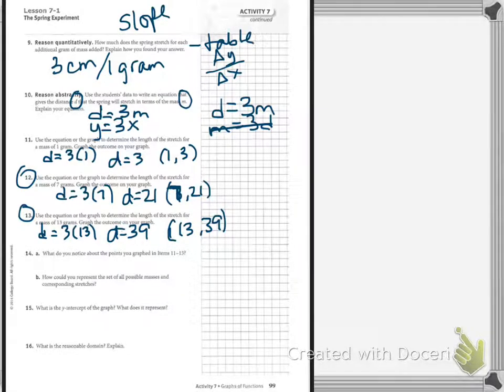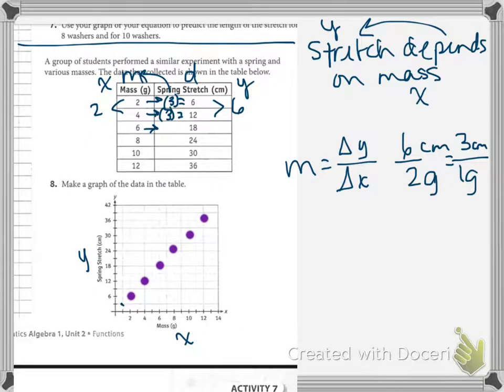Now, what is the y-intercept? 0, 0. Reasonable domain, okay, and this goes back to that continuous or discrete statement. We can very well justify that we could connect these dots, no problem, if we wanted to, because we can have half measurements on our mass.